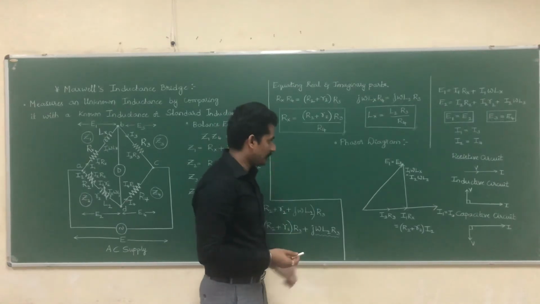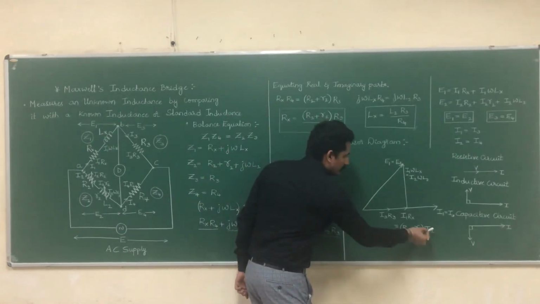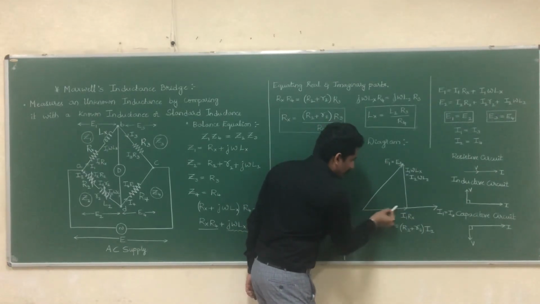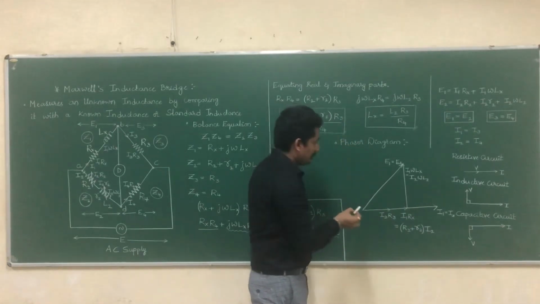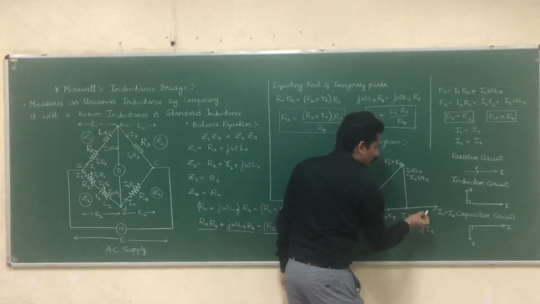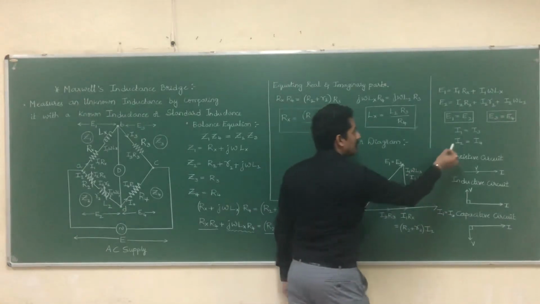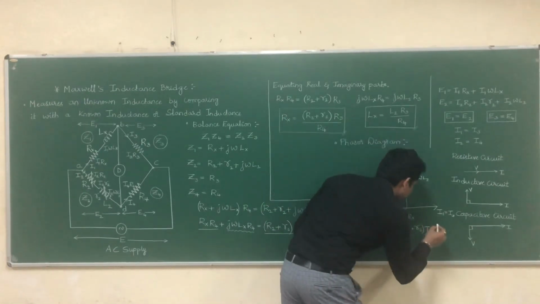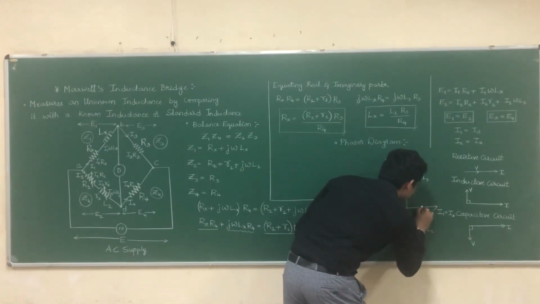Next, the current which is flowing here is I1 Rx, which is also equal to R2 plus R2 into I2. So even the current I2 is in this phase only. If current I2 is in this phase, then even I4 should also be in the same phase, because I2 will be equal to I4, right?